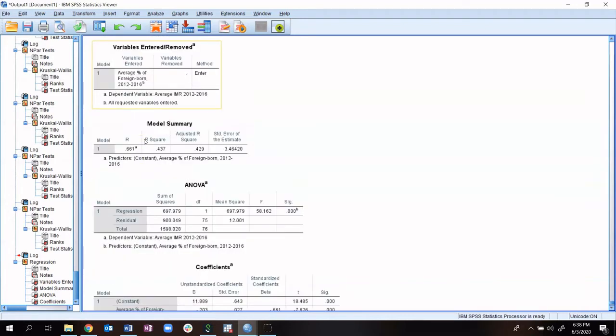Next up is the model summary. In this space we get an adjusted R squared. Now, the adjusted R squared and the R squared are sibling concepts, right? Both are a proportion of variance that is explained. Now, the problem is that the adjusted R squared takes into account the number of variables in the model.